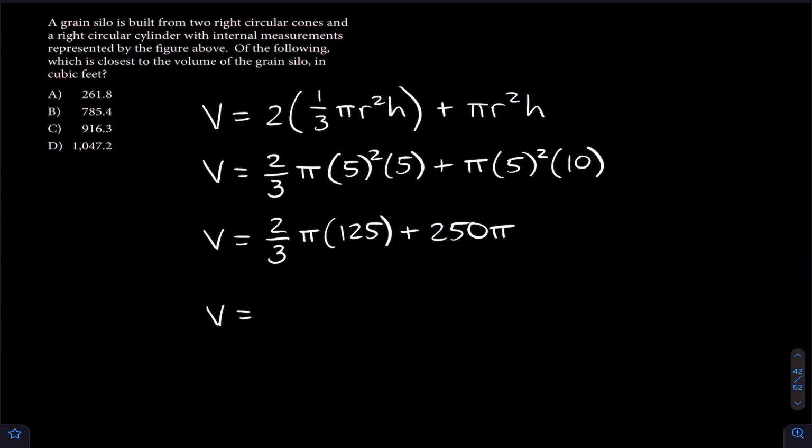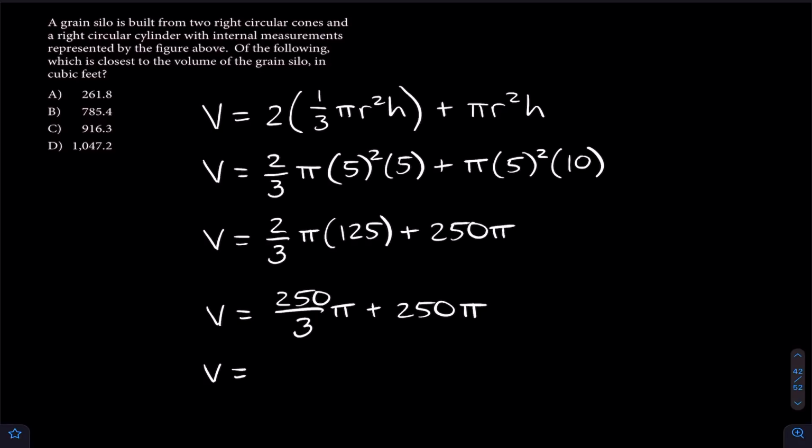We'll do the 125 times 2/3 first. If you put that into a fraction, this will be 250/3 pi. Actually, I could have just told you that anyway. And then you're adding on 250 pi here. Now we'll add these together.